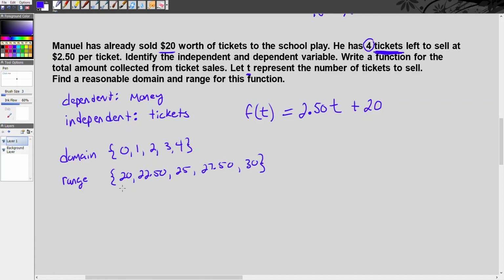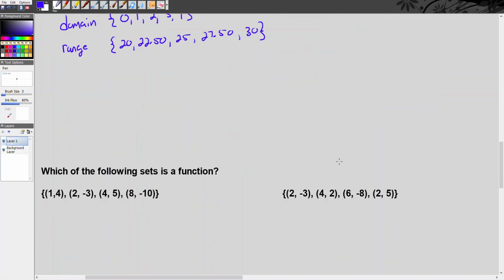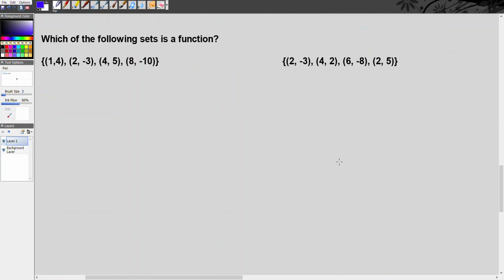All right, one last example to look at here. This one's kind of easy. Which of the following sets is a function? So remember, we learned that in a function, each input value has only one output value. We learned that one way you can do this is you can make a mapping diagram.